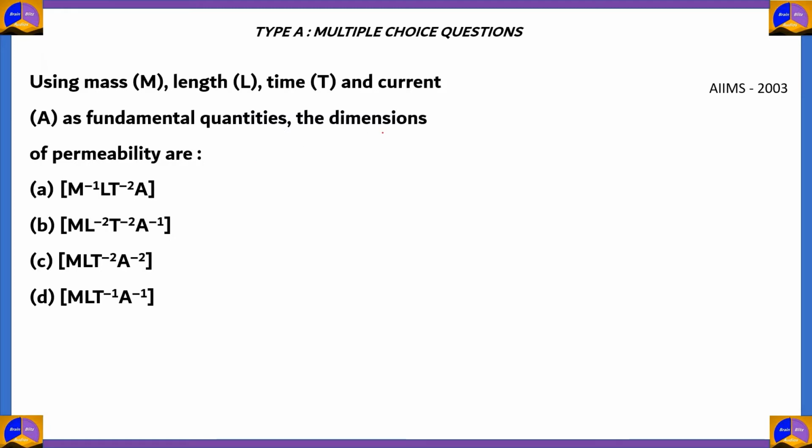So what we have to do is we need to find the dimensions of permeability. Permeability is mu naught. And in order to calculate the dimensions of permeability, it's best if you know the formula for magnetic force. So the formula for magnetic force is F is equal to BQV.